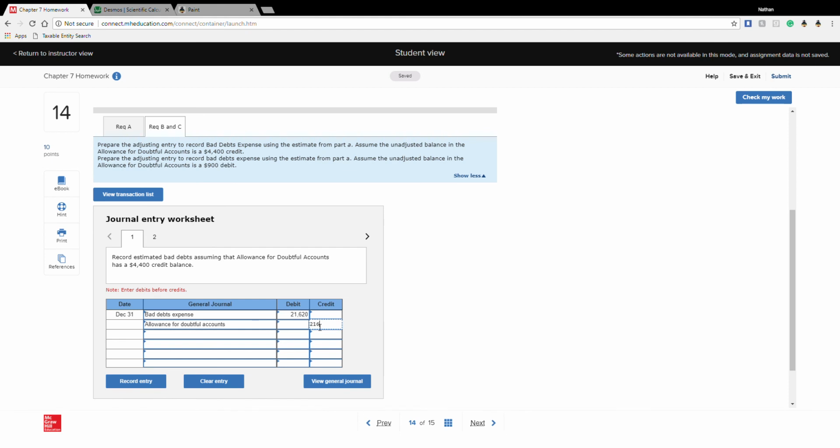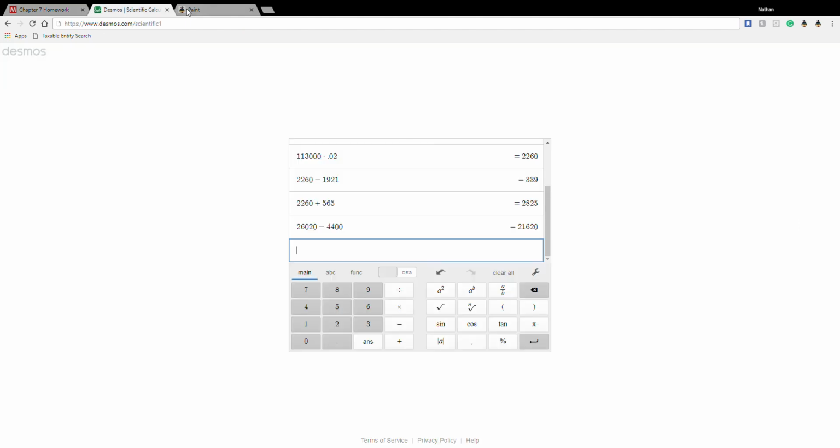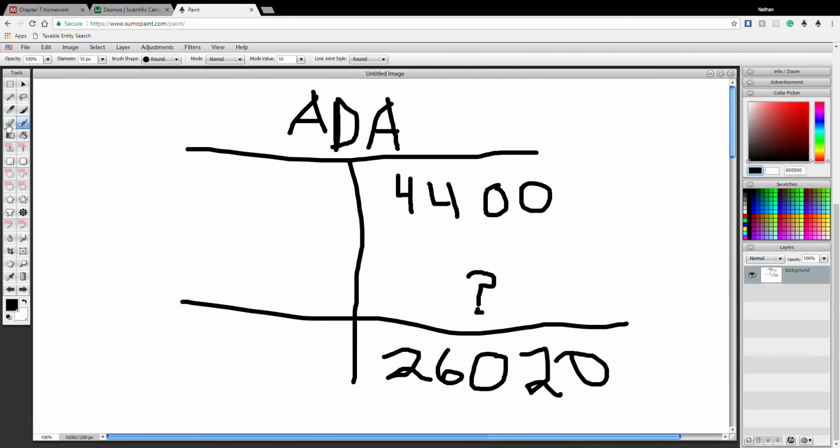Okay. So there's that one. Part 2: same journal entry, bad debt expense and allowance for doubtful accounts. Okay, and again, if I look at the T-chart, let's just move this out as best as we can.